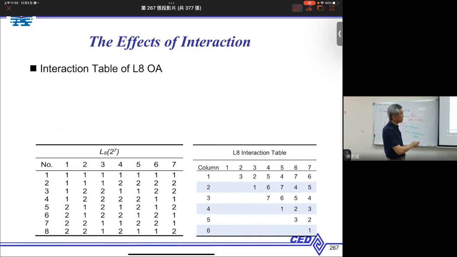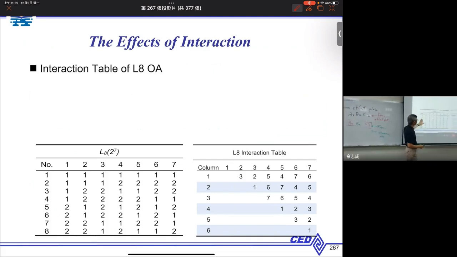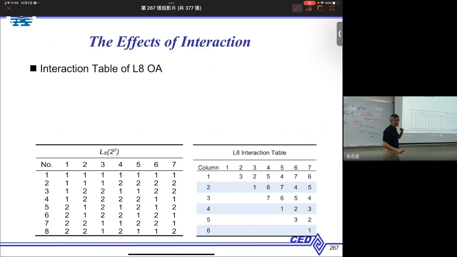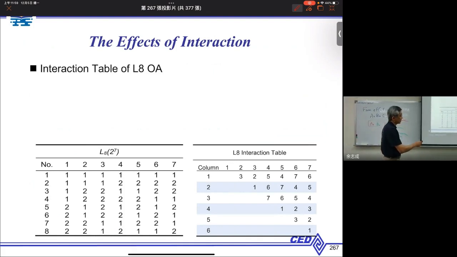This is the L8 orthogonal array. The L8 orthogonal array will have 7 columns. They have 8 experiments, and they are all 2 levels. The interaction table will look like that. Column 1, 2, 3, 4, 5, 6, 7. 1, 2, 3, 4, 5, 6, 7.